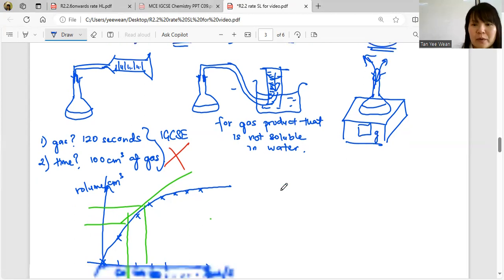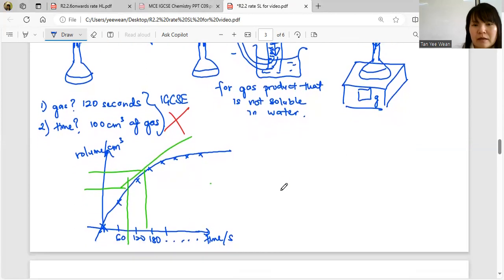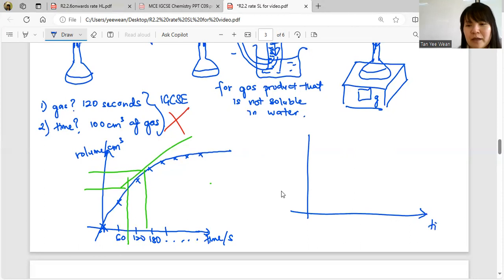Okay, so how do we collect data for the rate of reaction for this kind of experiment? Again, you need a graph always. And here would be the mass. So you record the original mass, and after 60 seconds, it can be 30. Okay, I'll vary my example. It can be 30. It's easy to record.